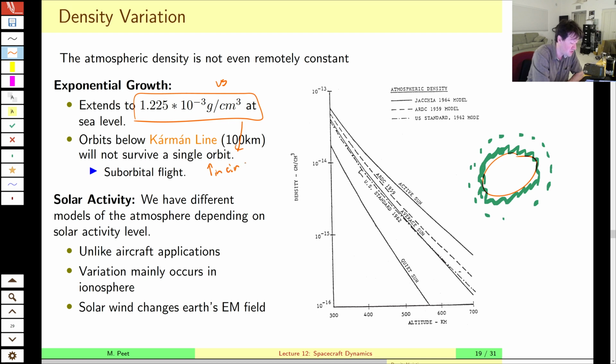You can make an exception if you're in a highly elliptic orbit. But beyond the Kármán line, things get very dicey. It's very difficult to model the atmosphere beyond the Kármán line, and especially once you get up in the ionosphere.